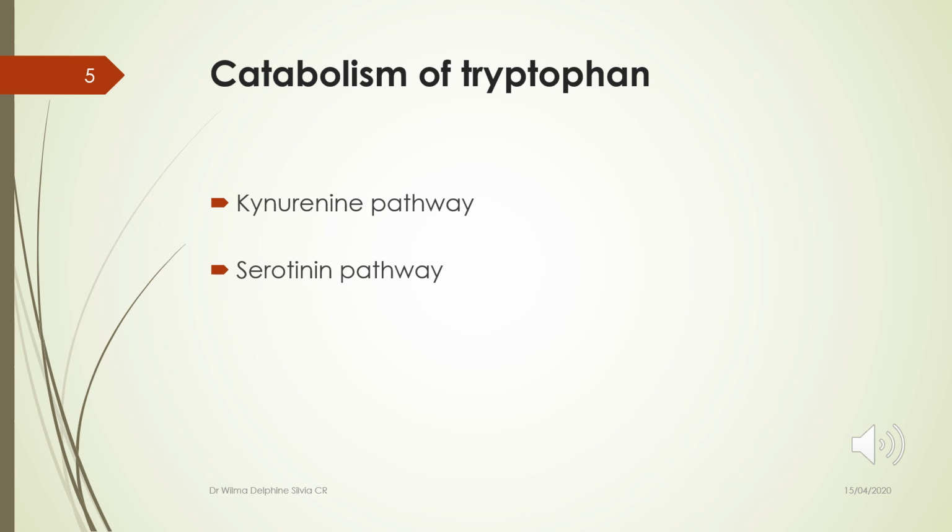The second pathway is the serotonin pathway, in which serotonin is obtained from tryptophan. This serotonin can be utilized for melatonin synthesis, in which serotonin undergoes acetylation and then methylation, so that melatonin is obtained from serotonin. Only 1% of tryptophan enters into the serotonin pathway to produce serotonin.